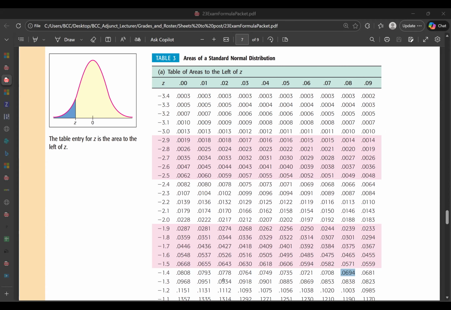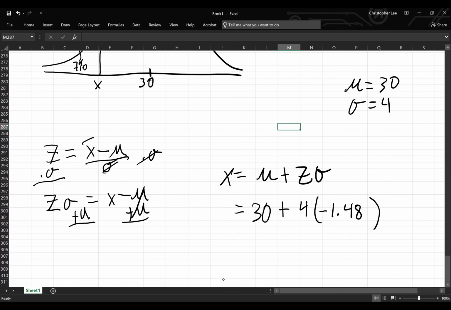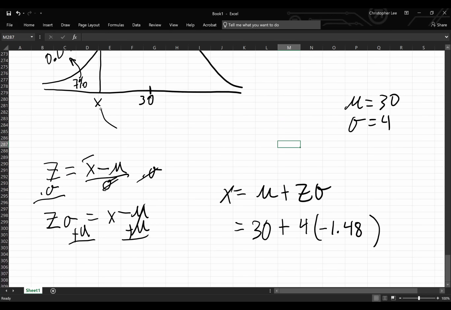So very simply, this is negative 1.48. A little bit of math, boom, boom, boom, and then we'll figure out what this X value really is over here.